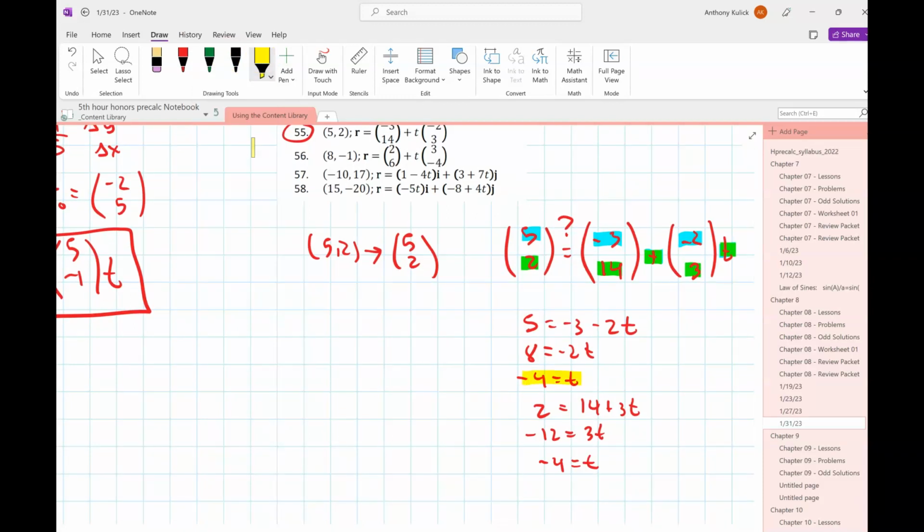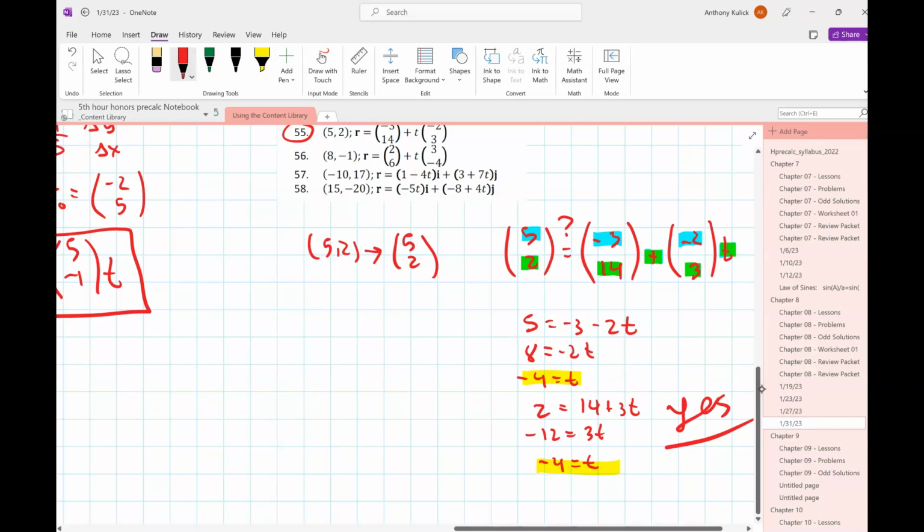And since I get the same value of t, my answer is yes. Of course that point lies on there, because the parameter I need to choose to get that point vector out of that is -4. If the values were different, I would say no. Even a little bit different is enough. They have to be identical.